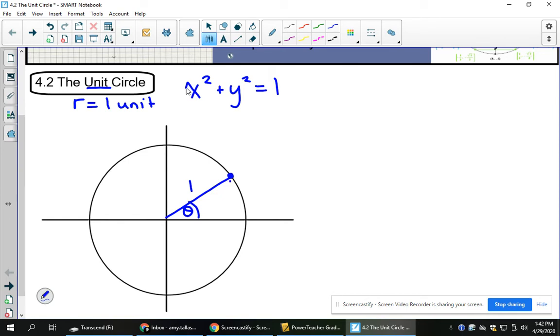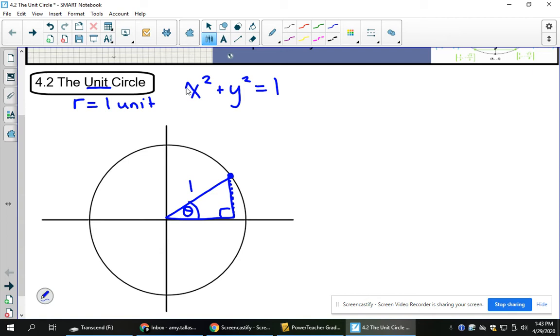Now, I can drop a straight line down like this, and we can imagine here that we have a right angle triangle. We know a lot about right angle triangles from grade 10 and 11. We know something called SOHCAHTOA that we've used a million times. That's going to come into play today. Now, I want to label the sides of this triangle.